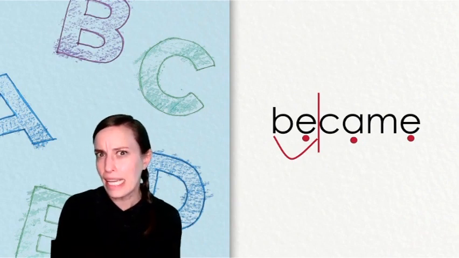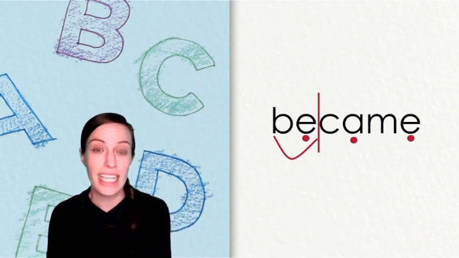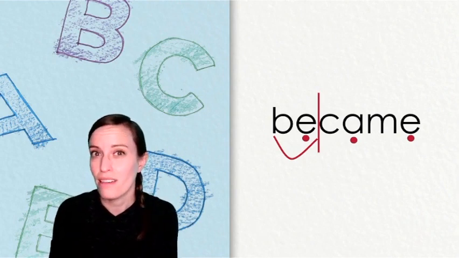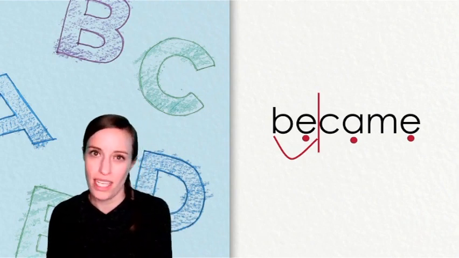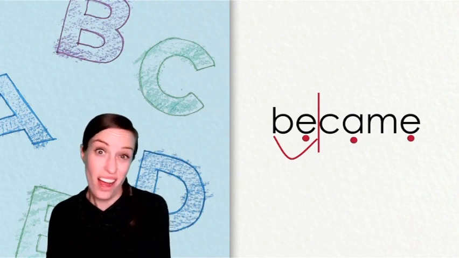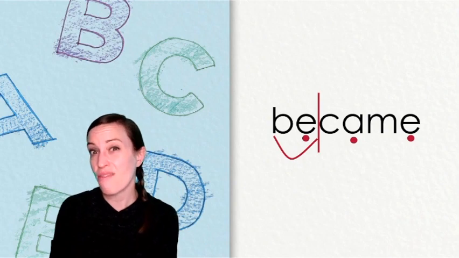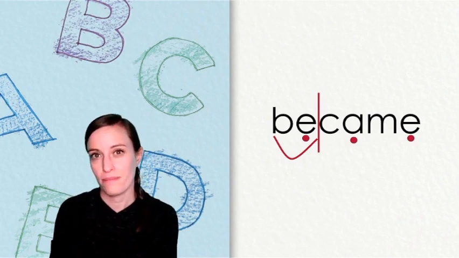I know that the E in the first syllable says E because we can see that it's an open syllable. The E is not closed in. There's no consonant after the vowel. All open syllables have that long vowel sound.